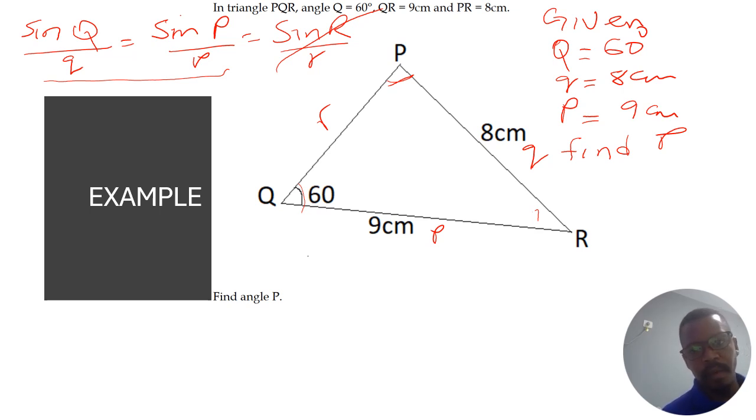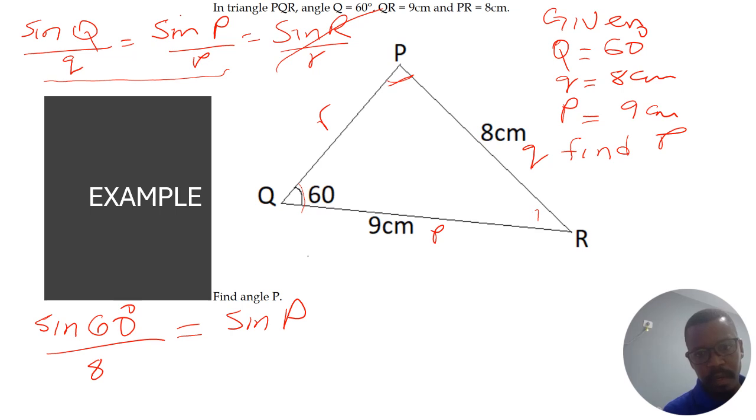So from here you will find that, let's substitute. Sine Q, our Q is 60 degrees, over small q. What is our small q? Our small q is 8. This one should be equal to sine p.